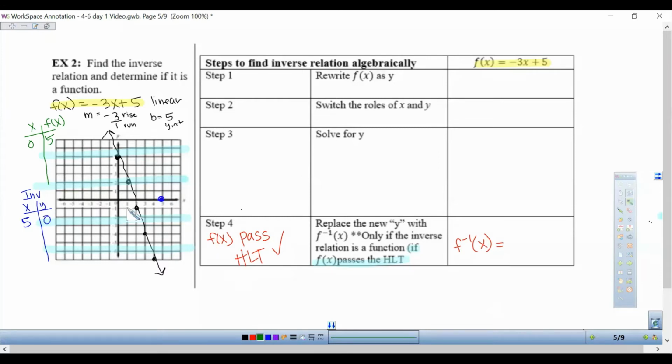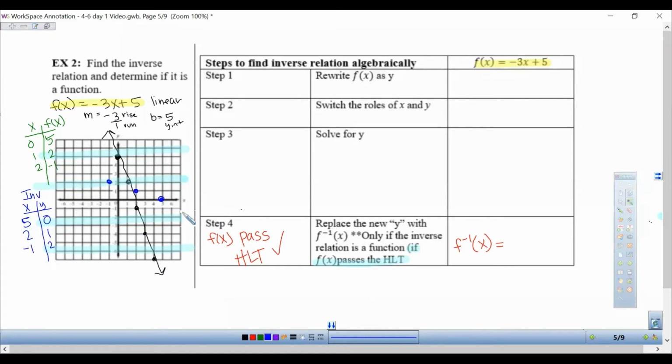If I go back and look at my graph, the next point was (1, 2). And then I'm going to do one more point just for extra. So then I had (2, negative 1). Okay, so if I switch those orders, I get the point (2, 1) and the point (negative 1, 2). So if I graph those, the point (2, 1) is here, and the point (negative 1, 2) is here.